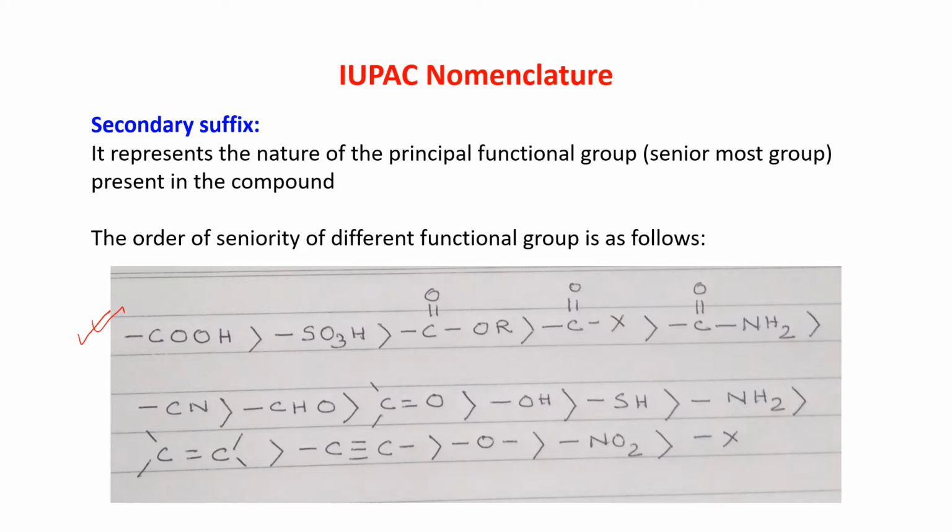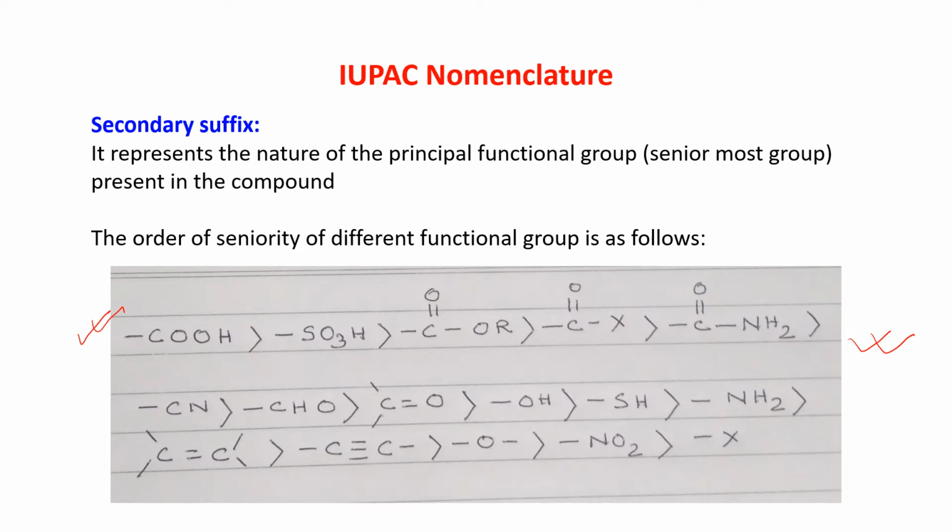The name will end with acid. I will explain it to you. So COOH, then SO3H, then C double bond OR, then C double bond OX, then C double bond ONH2, then CN, then CHO, then C double bond O, then OH. All these are there. So you have to learn this and remember this.